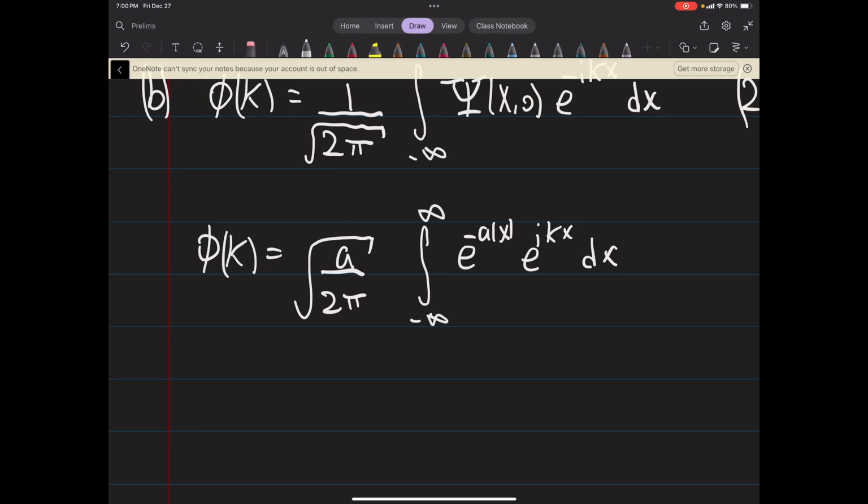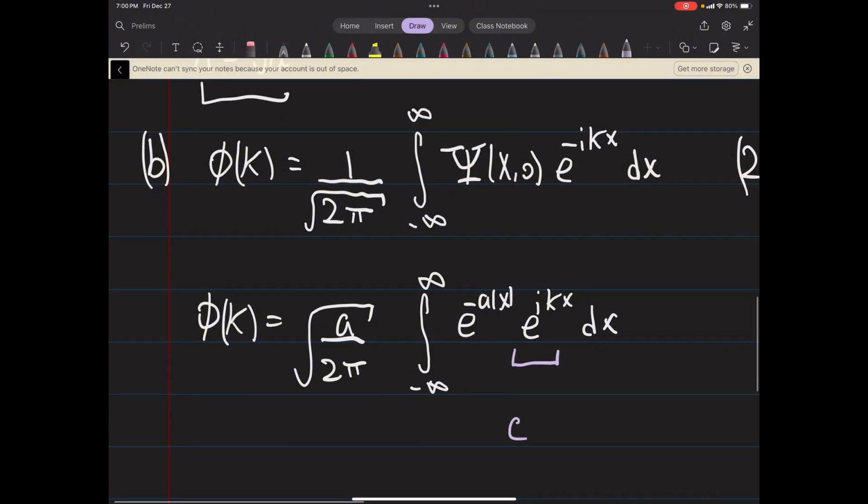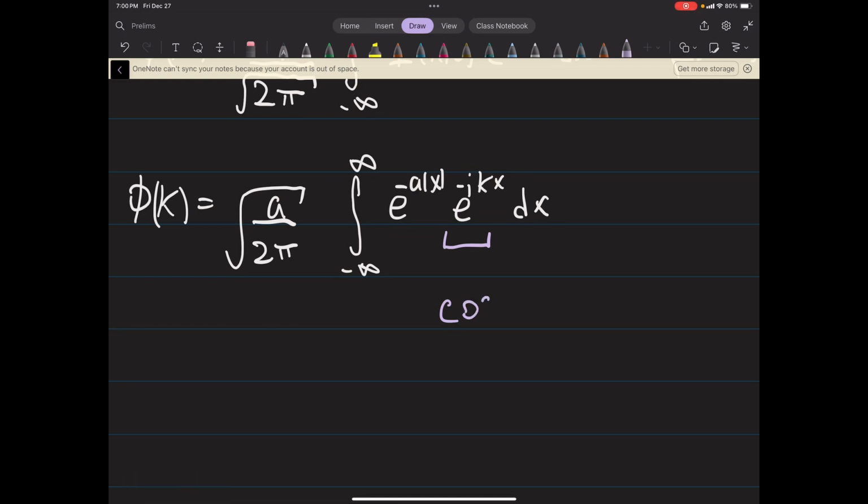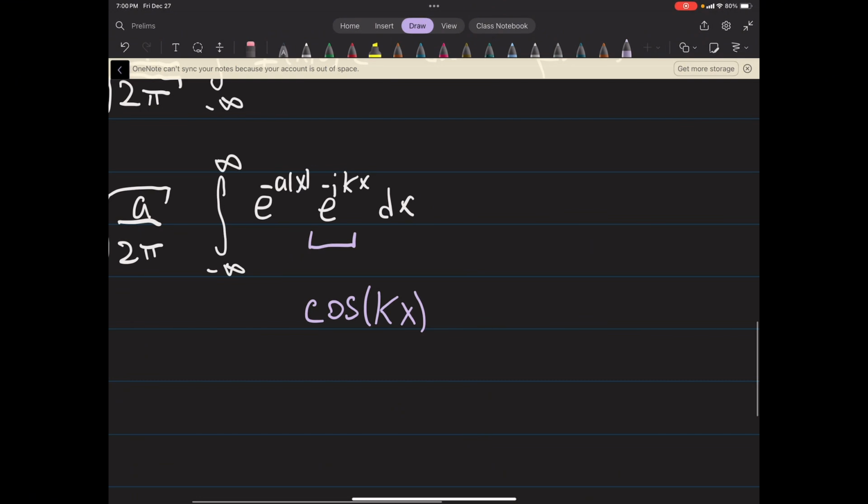Now, the way that we're going to solve that is we're going to express this, this should be a minus sign because that's in our equation, using Euler's identity. Cosine is even, so it's not affected by that, but then you'll get a minus i sine kx.